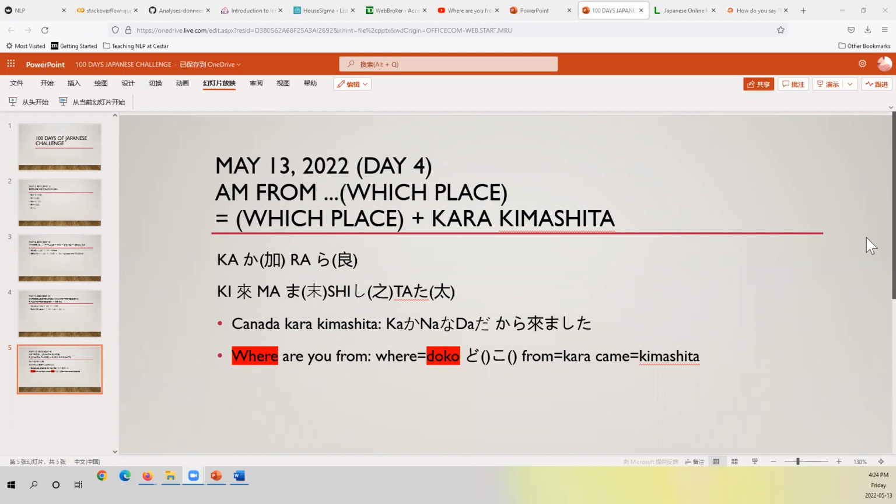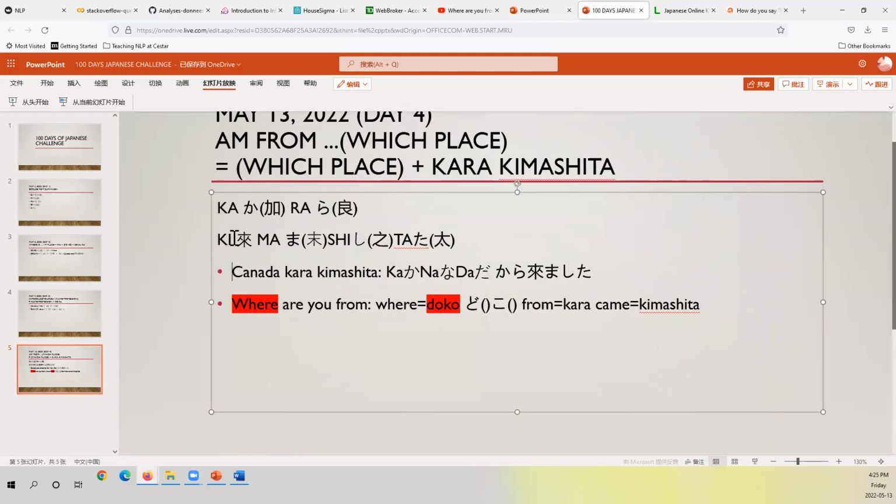So today we will learn about how to express where you're coming from. You will put the place where you're coming from at the beginning and then add kara kimashita. So ka is over here. It is the hiragana Japanese alphabet to express this pronunciation, written as this, and it's derived from the kanji this.